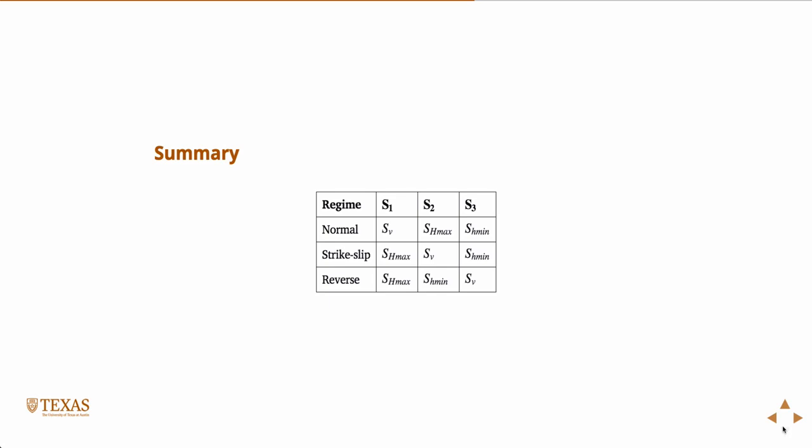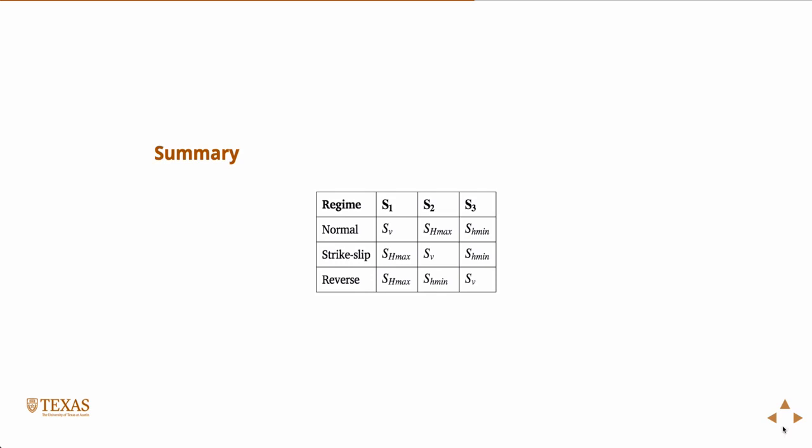So that's the Anderson or Andersonian classification scheme. It's ubiquitous in the petroleum engineering literature. You will encounter it in papers and books and other things. Right? One thing I will point out is that we're going to go on and use our engineering knowledge to actually resolve stresses on faults and determine if they're going to slip or not.